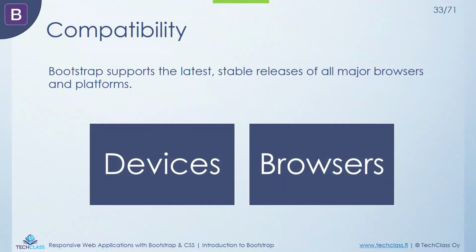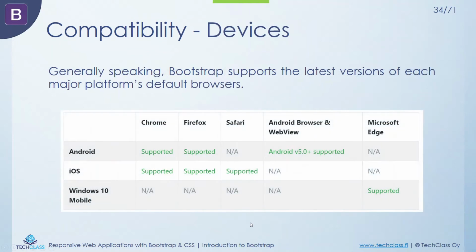When we talk about compatibility, it's nice to know Bootstrap supports the latest stable release of all major browsers and platforms. So we have different kinds of devices that users can have and different kinds of browsers that could be installed on those devices. Here there's also a table where you can see which browsers can be installed on which devices, and whether Bootstrap supports them or not.